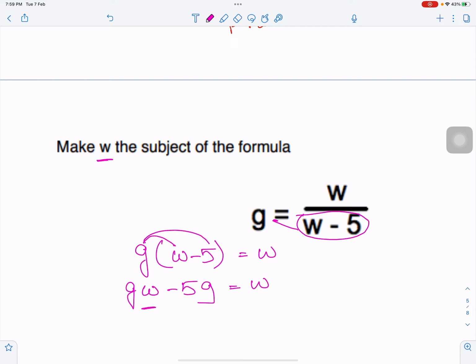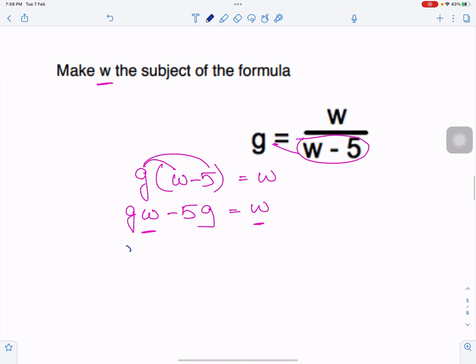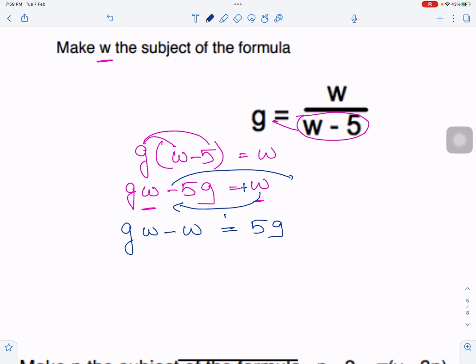Now this term has W and this term. So I will write them together on one side. And 5G I will take to the other side. This W has plus sign. When it will come to this side, it will become minus. And this minus 5G will go to the other side. It will become plus 5G. Now I have to make W a subject.